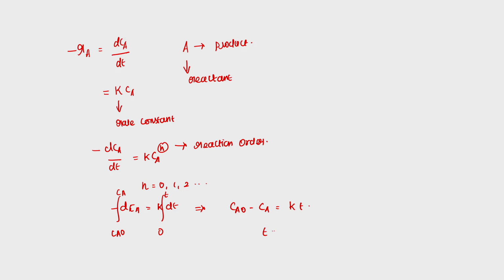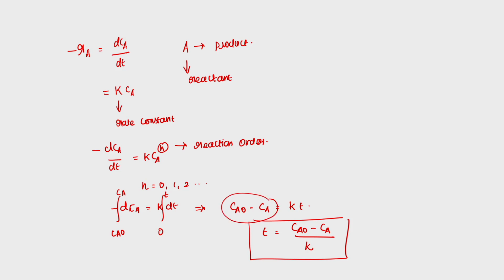So, t is nothing but (Ca naught minus Ca) upon k. This is what we call the shelf life period, and Ca is the quality attribute. This is for the 0th order reaction.